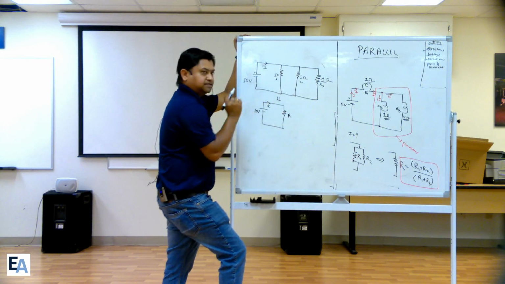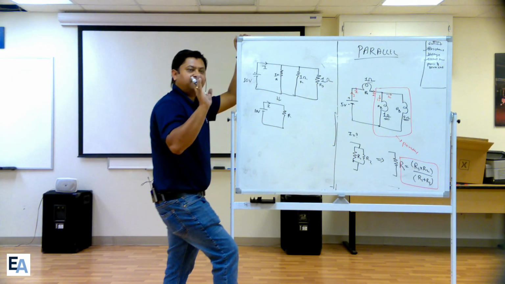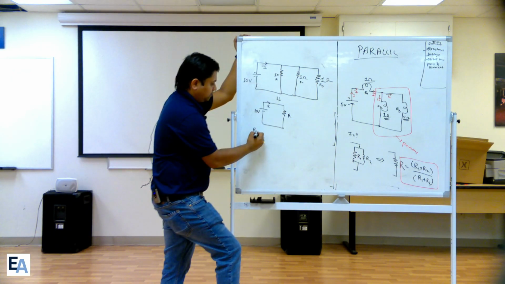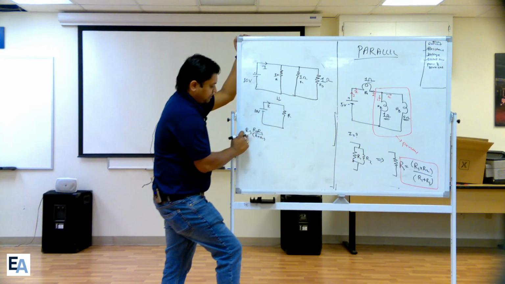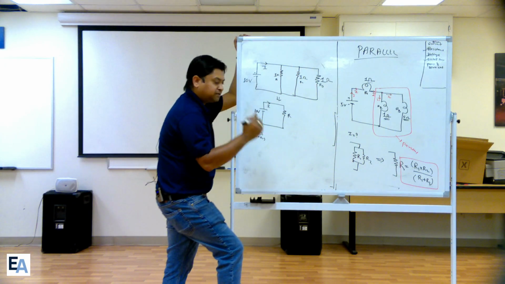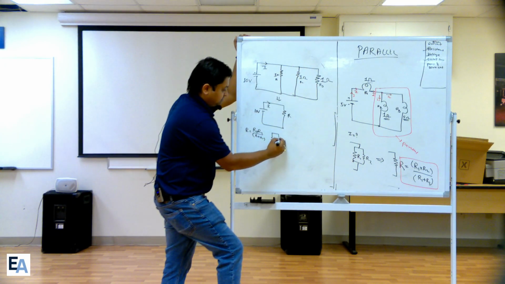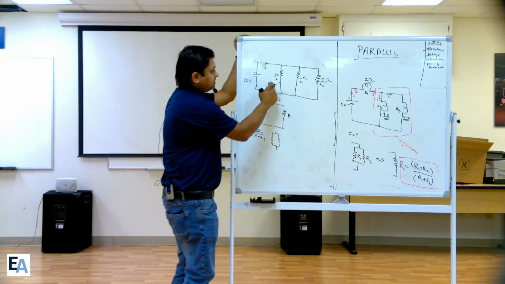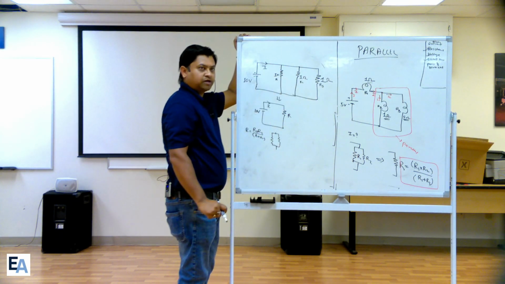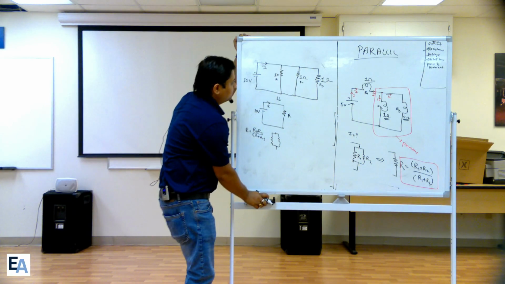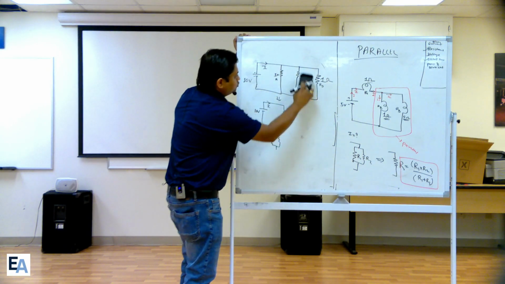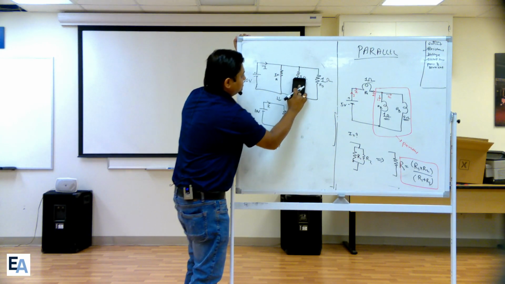So I have to find the resistance. I have the formula R1 times R2 divided by R1 plus R2, the effective resistance for two circuits in parallel. But here I have three circuits in parallel. So first of all, I'll break these two circuits into one circuit.